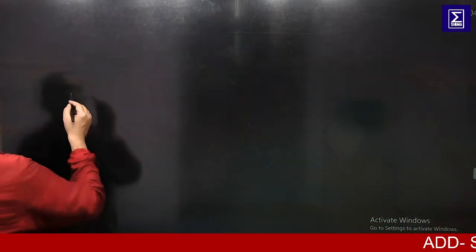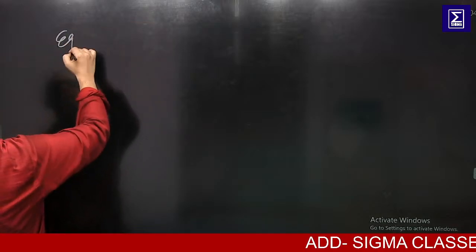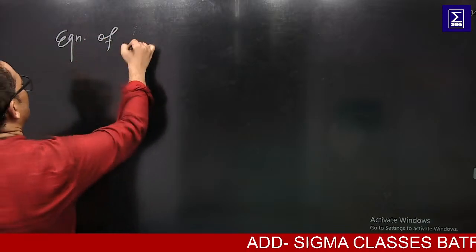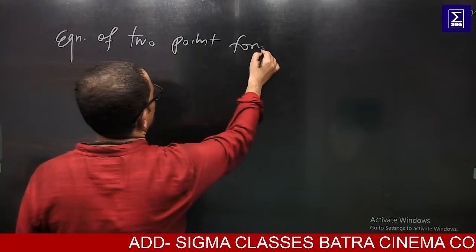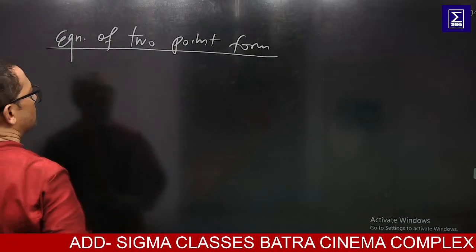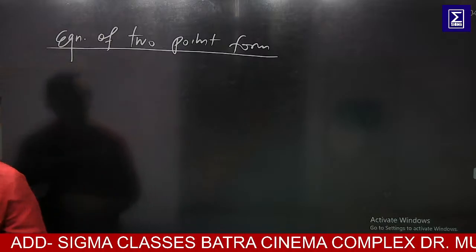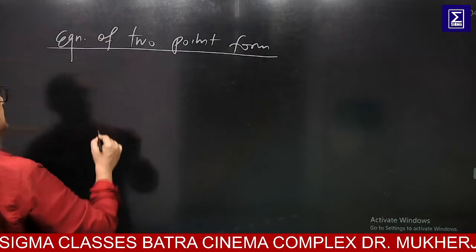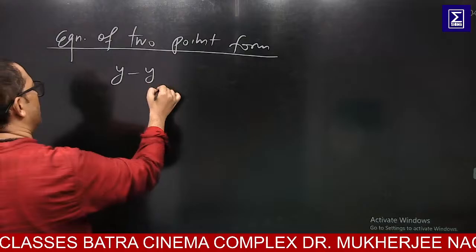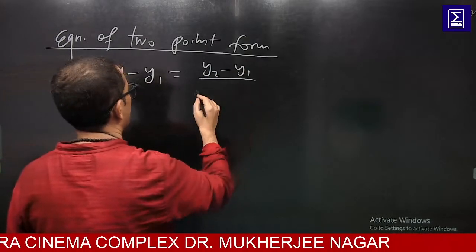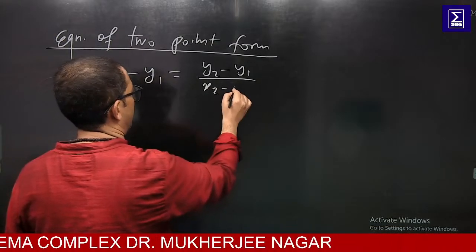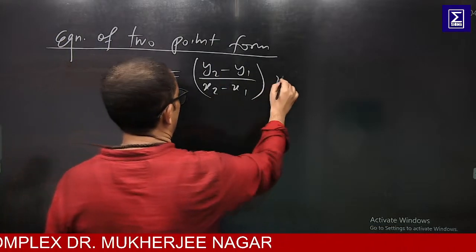Now moving to the next: the equation in two-point form. This is y minus y1 is equal to (y2 minus y1) upon (x2 minus x1) times (x minus x1).